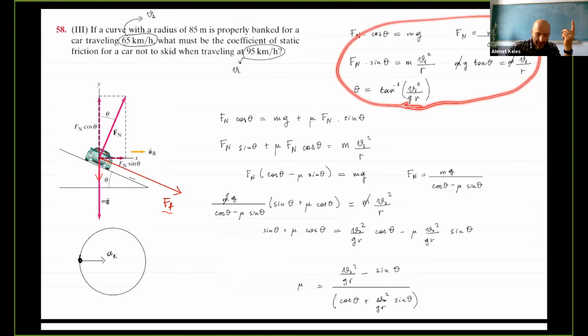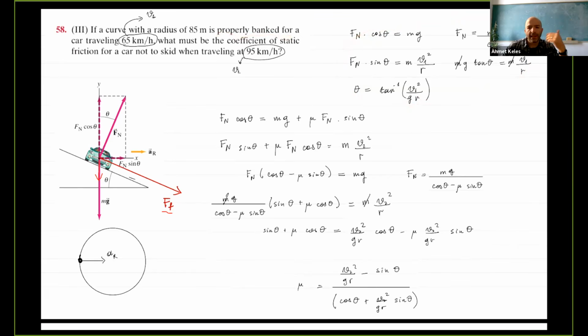I think the idea is, when these people design, properly banking means when they design, they don't think about friction, right? They think about it without friction. Exactly. In part A, we are saying that, okay, this road is designed for this angle.